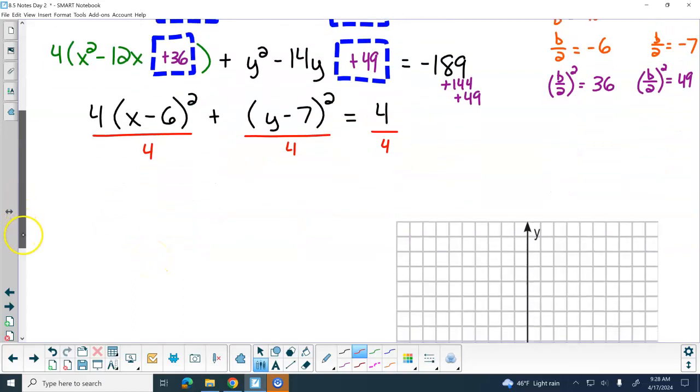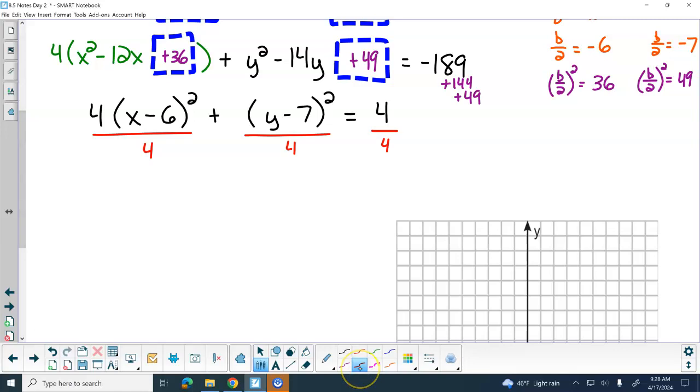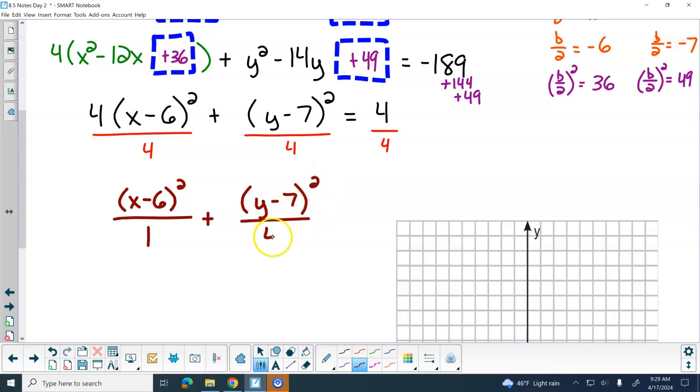Which gives me then the quantity x minus 6 squared over 1, because 4 divided by 4 is 1, plus y minus 7 quantity squared over 4 equals 1. Yes?